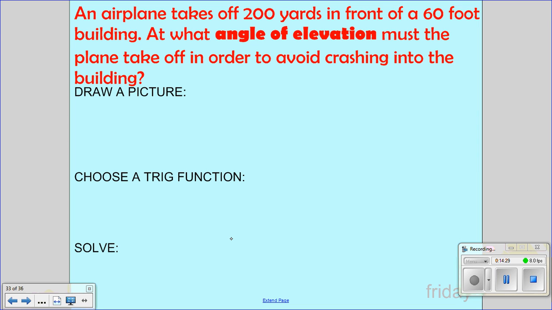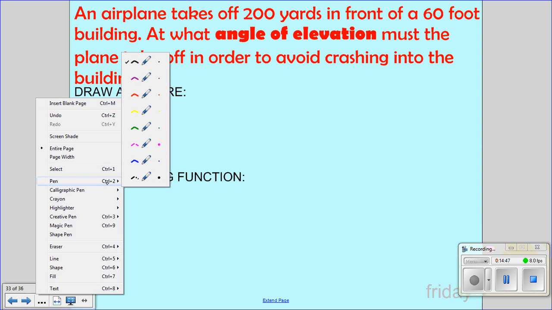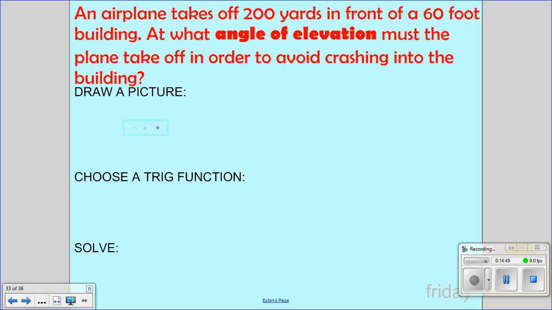I will help you draw the picture of this one, but then I'm going to need you to set it up and solve the question. So we have an airplane that takes off 200 yards from a building. So I need an airplane and a building. So I have my plane.